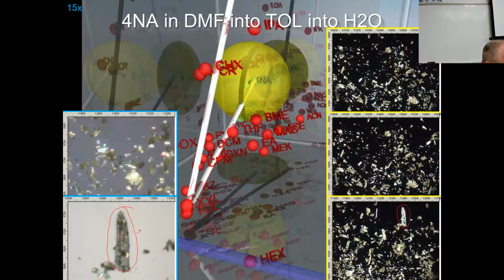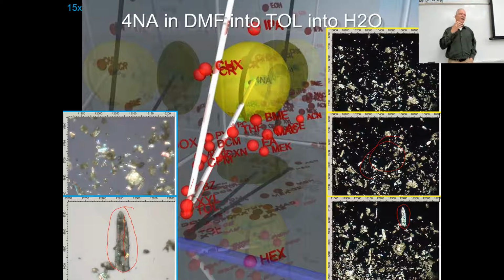So this molecule did not like toluene at all, and it went to the glass to precipitate. If it was crashing out of toluene, it made gravel. But if it made it over to the glass, it associated with the glass and started growing a crystal on the glass. This is an important point: sometimes the container matters.